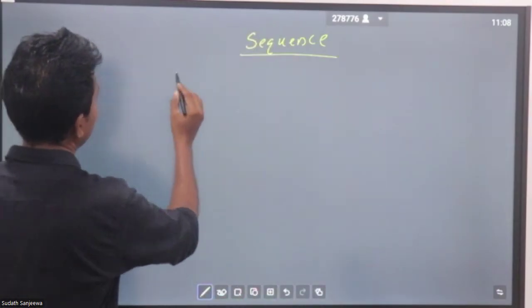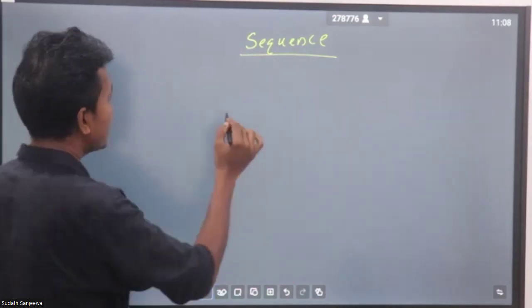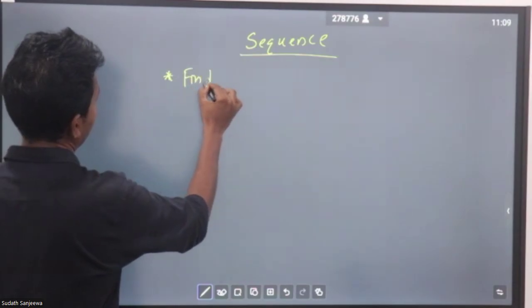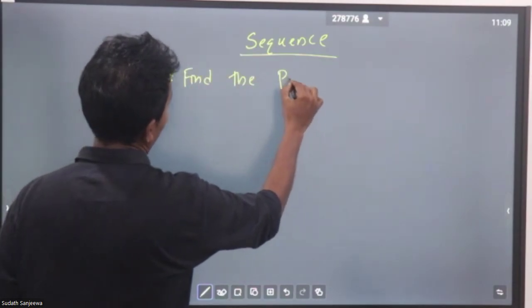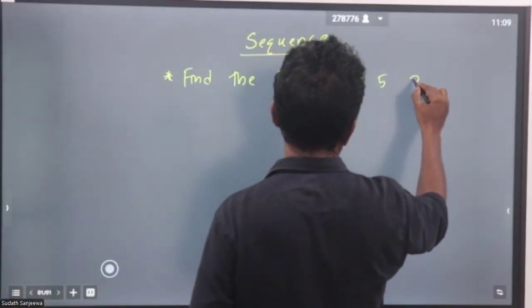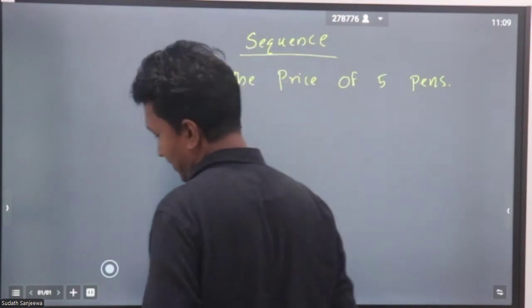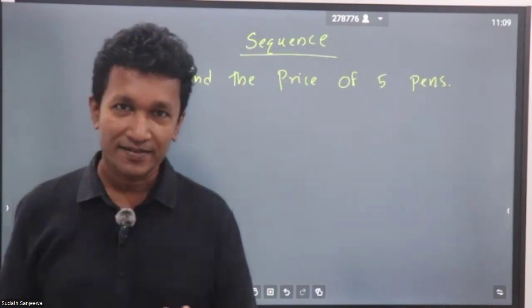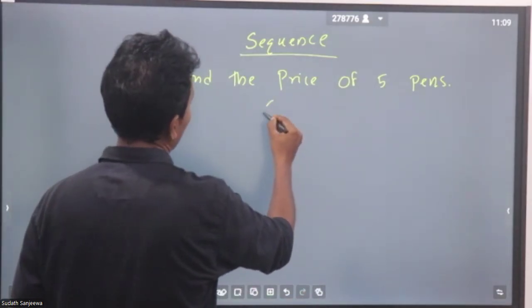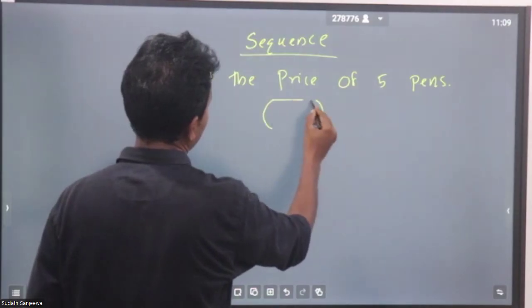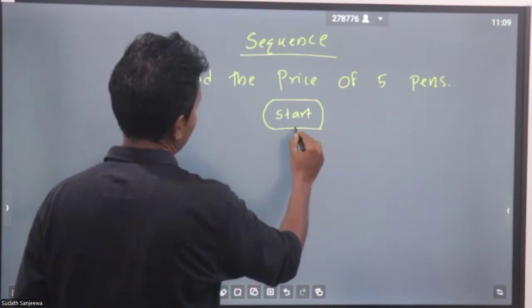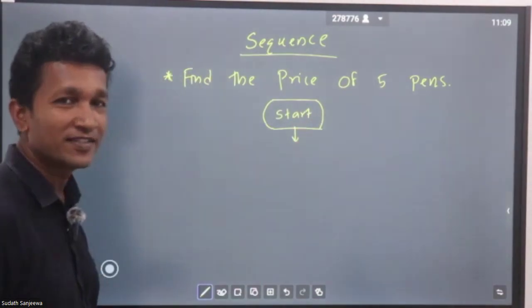This is an example you have done earlier. Find the price of 5 pens. This is the problem, so I'm going to draw the flow chart. Start. Then what?